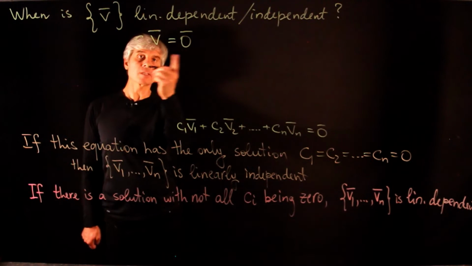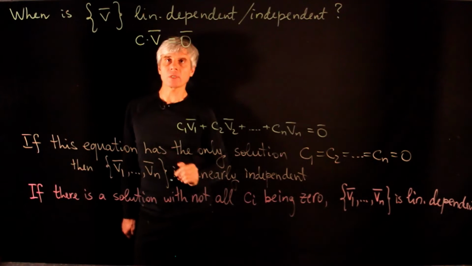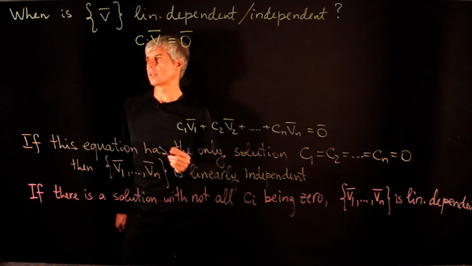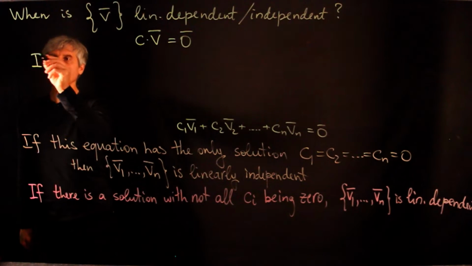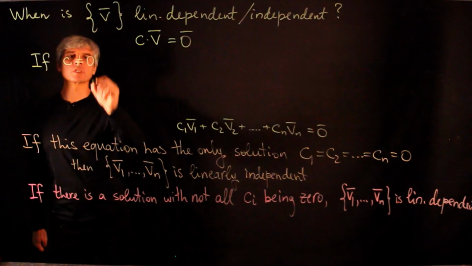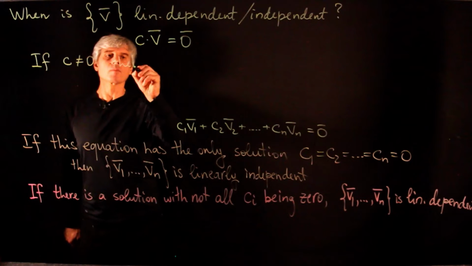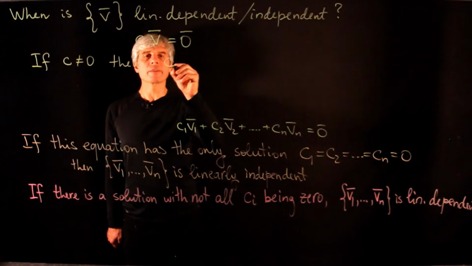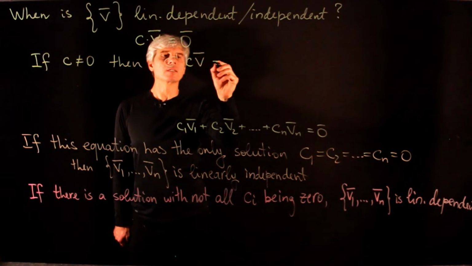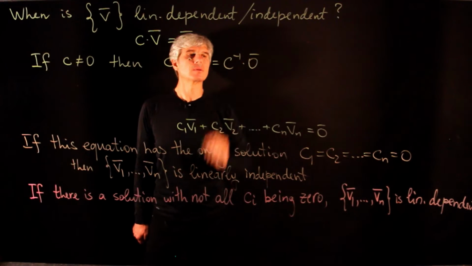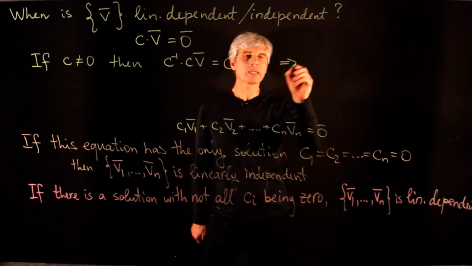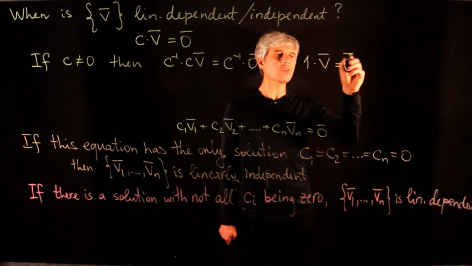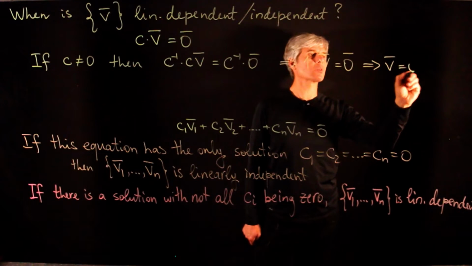And we are interested in finding whether this vector equation has solutions with non-zero values of c. So if c here is not equal to 0, c is an element of a field which is non-zero, so it's invertible, then we get c inverse times cv is equal to c inverse times 0. And then this implies that 1 times v is equal to 0, so v is equal to the 0 vector.